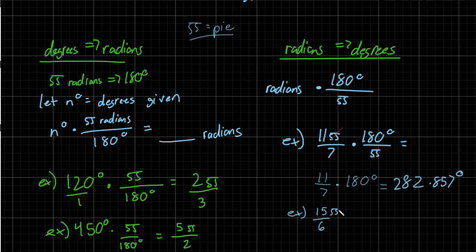Okay, Lily picked a big one here. 15 pi divided by 6. Change it into degrees. This radian as degrees would be what? So Landon, what do I have to do? Okay, go ahead, try it out.